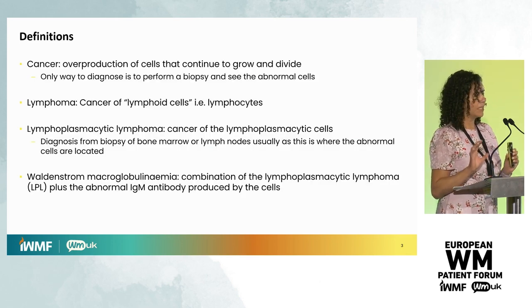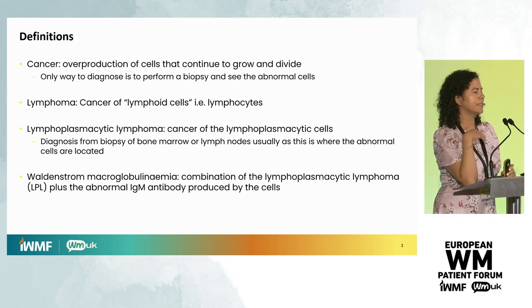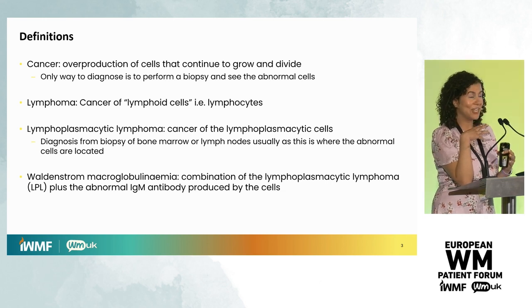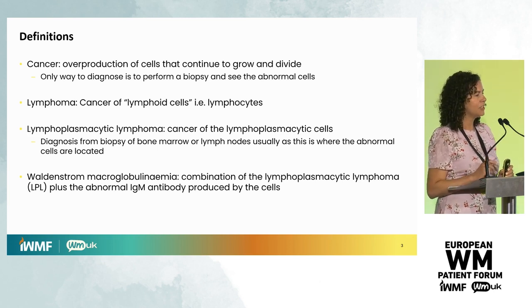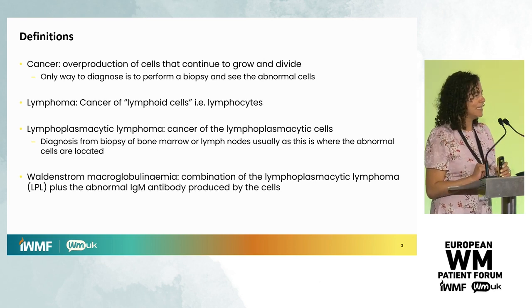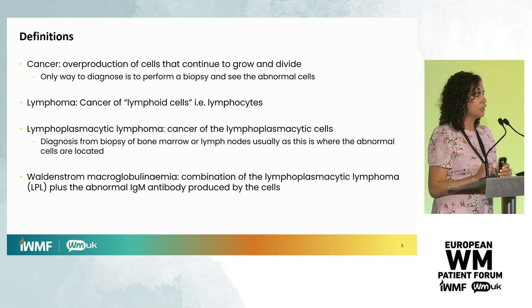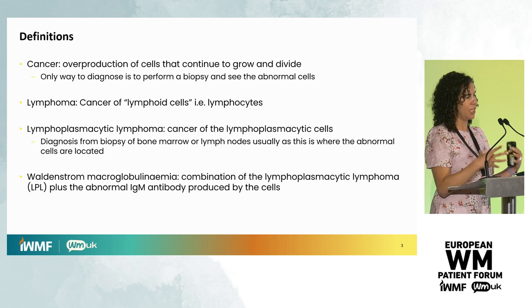And I thought before I go into a bit more about WM, it's worth just going over some of the definitions and words that we sometimes use interchangeably, just so that we're all on the same page and that we understand everything. So as Charles said, WM is a form of cancer, but what that actually means is that this is just an overproduction of cells that continue to grow and divide and have escaped the normal controls that our body has that keeps them in check.